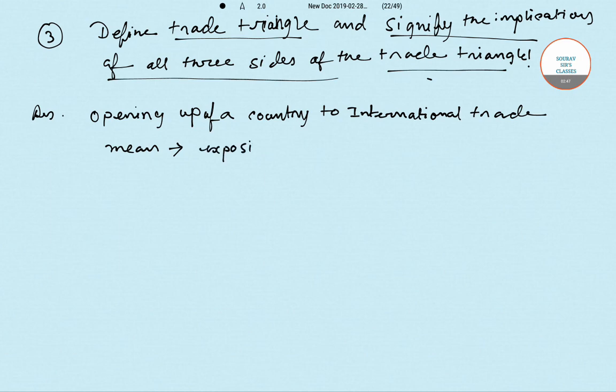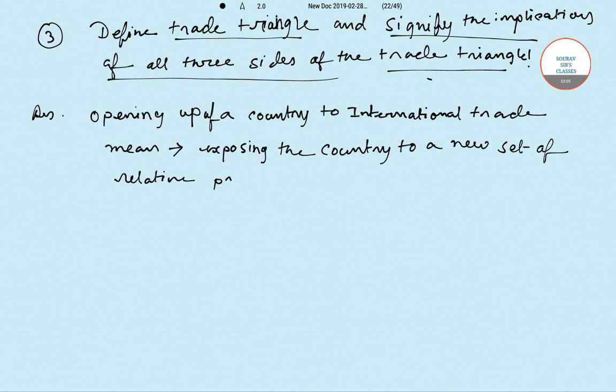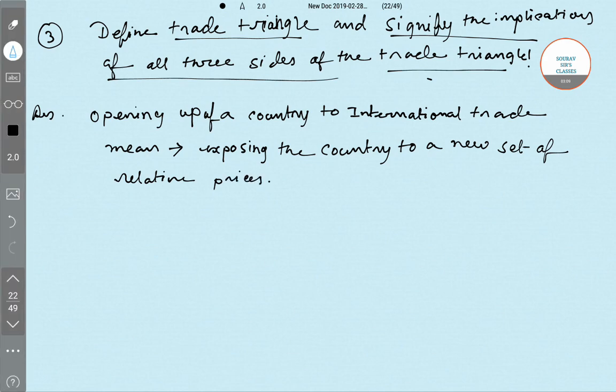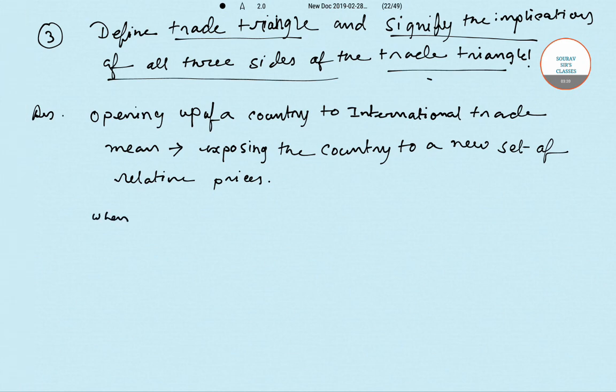It is exposing the country to a new set of relative prices. When these different prices are available, what happens?